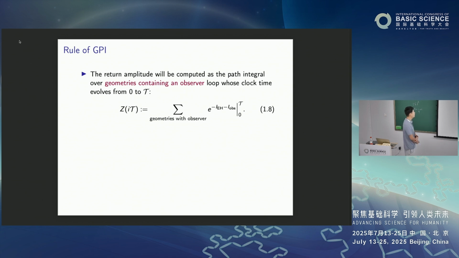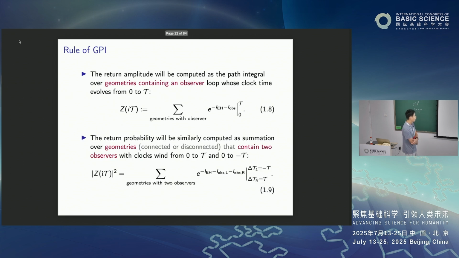For the return amplitude, we are computing the path integral over all closed manifolds containing a single observer whose time runs from 0 to t. And for the return probability, we're computing the sum over closed manifolds including two observers whose clocks run from 0 to t and 0 to minus t.